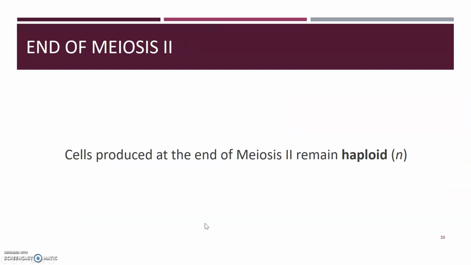And so you start with 1 diploid cell, and through 2 rounds of division in meiosis I and meiosis II, you generate 4 haploid daughter cells. And at the end of meiosis II, the cells remain haploid, right? They still have 1 copy of each chromosome, and so that doesn't change.